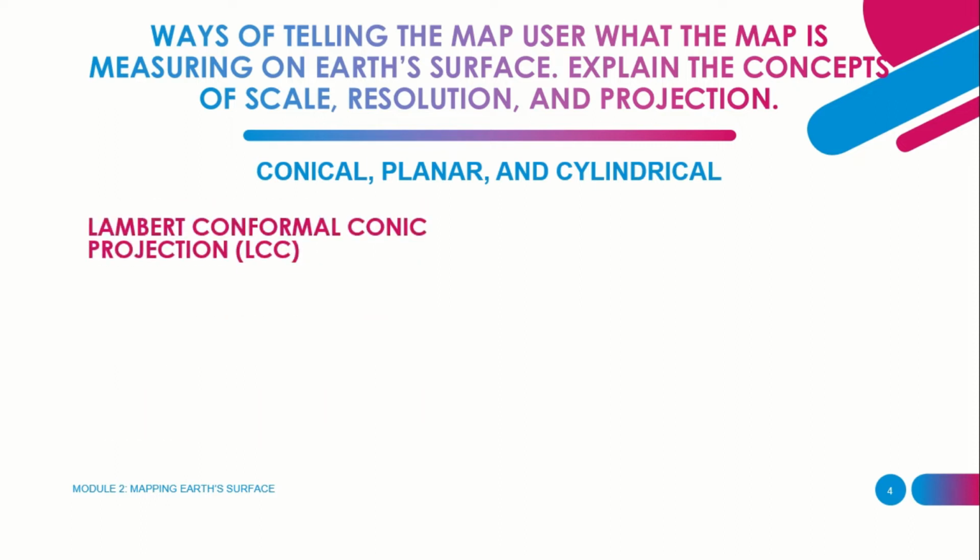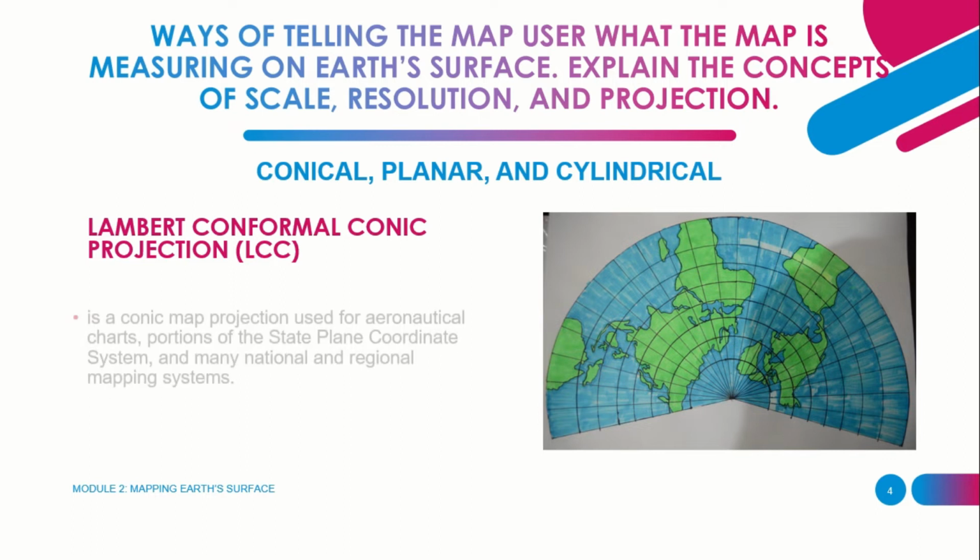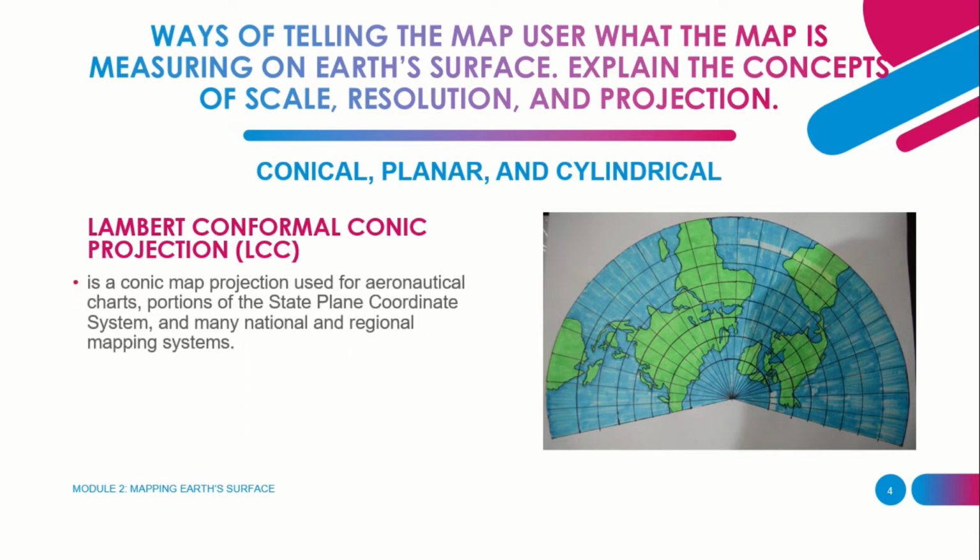Here we have the Lambert Conformal Conic Projection, or LCC. A Lambert Conformal Conic Projection is a conic map projection used for aeronautical charts, portions of the State Plane Coordinate System, and many national and regional mapping systems.